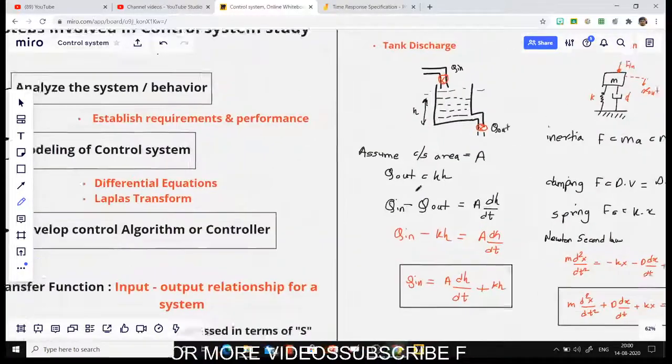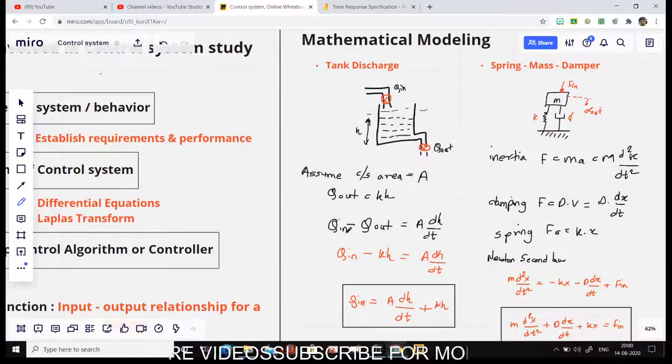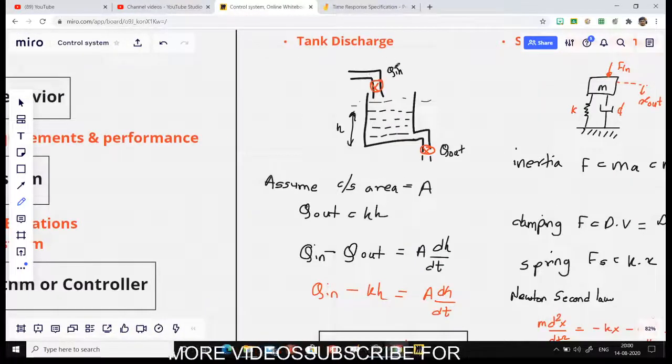Now let us go to the mathematical modeling, and we are taking the first example, which is a tank discharge, a simple example. There is a tank, there is an input Q in, there is an output Q out, and we are trying to develop a mathematical equation for the relationship between Q in and Q out.